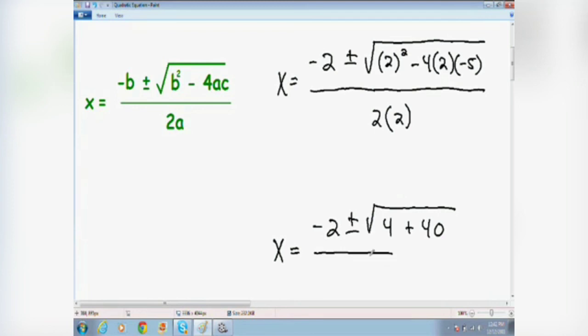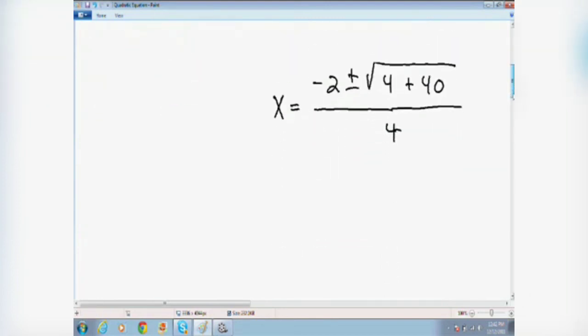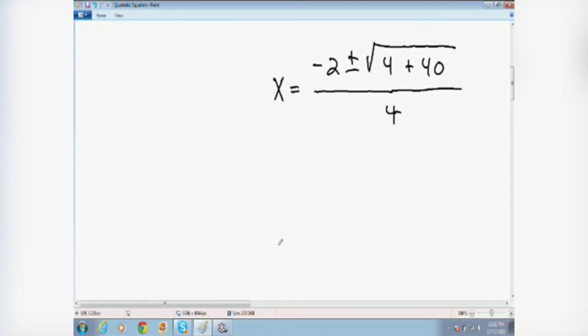And all of this is divided by 2 times 2, which is 4. Now I'm going to simplify the square root even more. And this equation becomes x equals -2 plus or minus, and 4 plus 40 is 44, so I'm going to write it as a square root of 44.